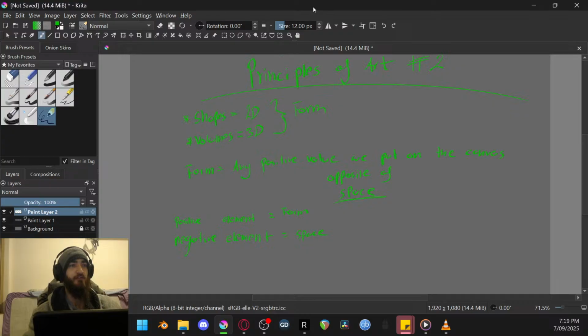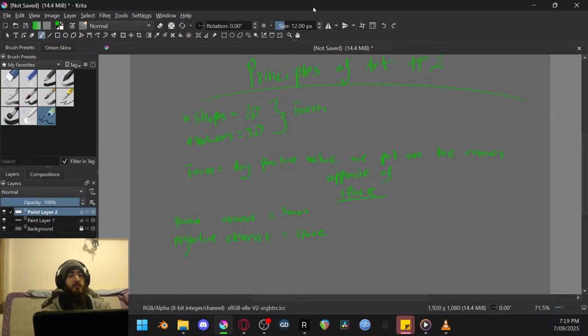So, the general gist of it is shapes, which are 2D, like lines and dots, squares, circles, and volumes, which are 3D, like cubes, rectangular prisms, and such. Characters are equal to form because you're placing them in space. You have to take space away to put these things in. So form is any positive value we put on the canvas opposite of space.